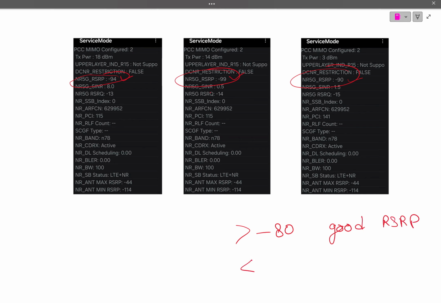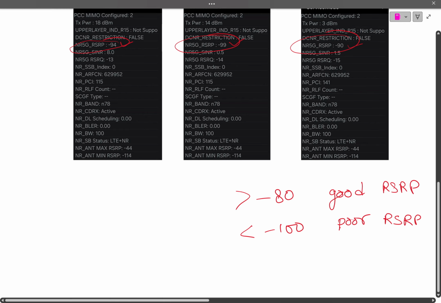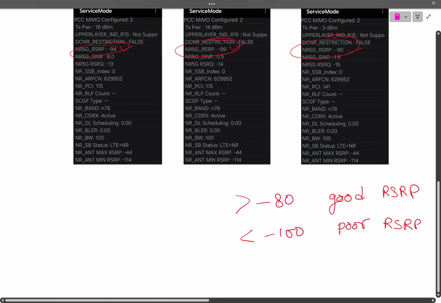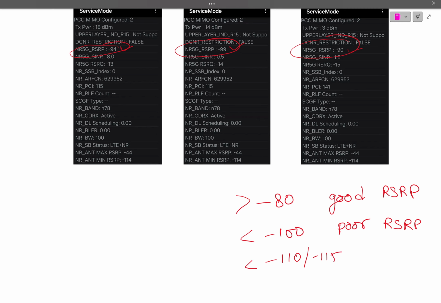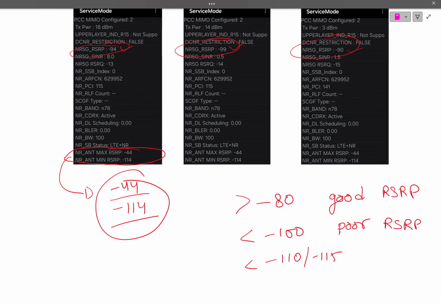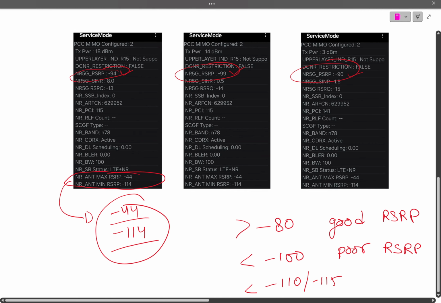If it is below minus 100, then it's bad, a very poor RSRP. What I have observed is the UE normally disconnects if the RSRP goes to minus 110 or minus 115. If it goes below that, then the UE disconnects. Here also, as you see, for my phone it shows antenna maximum RSRP is minus 44 and the minimum RSRP that it can receive is minus 114. Below this it won't receive the signal.